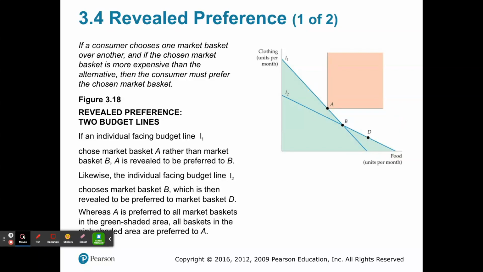Anything in the orange region would be strictly preferred because it has more of both goods. Again, the problems emerge when you have more of one good but less of the other, and then we would basically need more information to talk about what's going on.